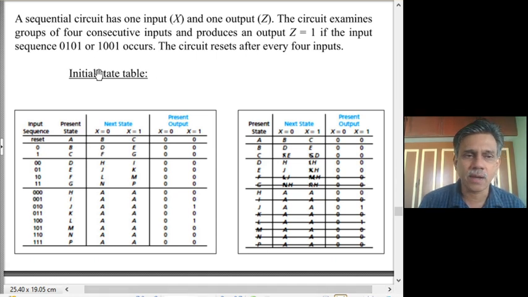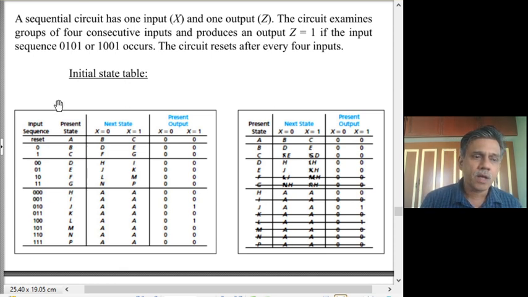Okay. So what we will do is, there are two ways. You can first draw a state graph and translate to a state table, or we can straight away get a state table and then go in for a state graph based representation. We have been doing state graph followed by a state table. Now, for a change, we will have a state table. At the end, you can imagine what should be the state graph for this state table.